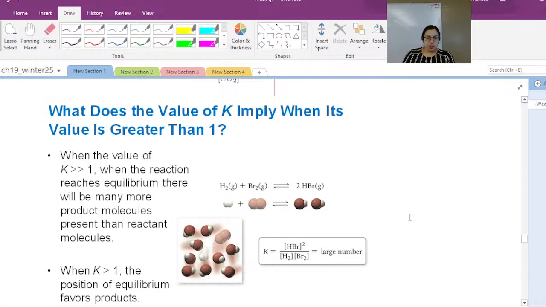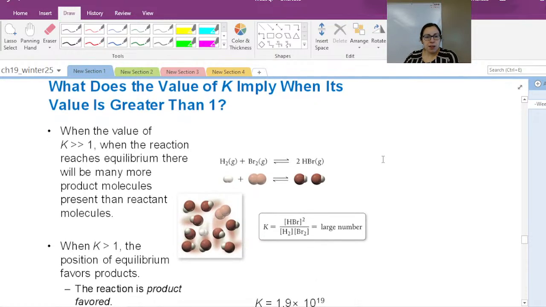And so then let's look into what they were trying to get at with this value of K and what it's telling us. So now we're looking at this reaction, and this is H2 plus bromine gives us hydrobromic acid. That'd be a nasty reaction to actually perform.